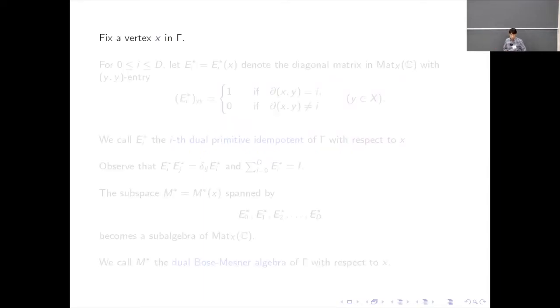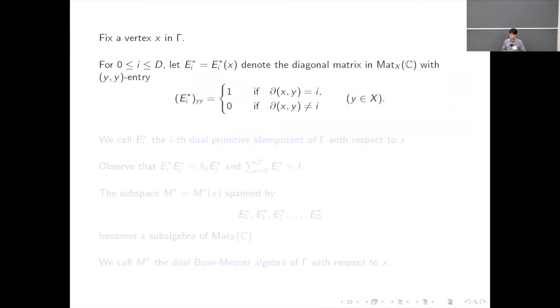All right, now we fix a vertex x and we define the diagonal matrix in this matrix algebra whose yy entry is 1 if the distance between x and y is i and 0 otherwise. We call this diagonal matrix Ei star the dual primitive idempotent of Gamma with respect to x.